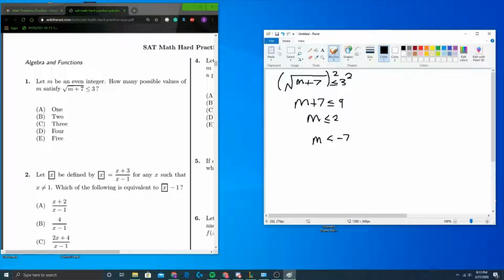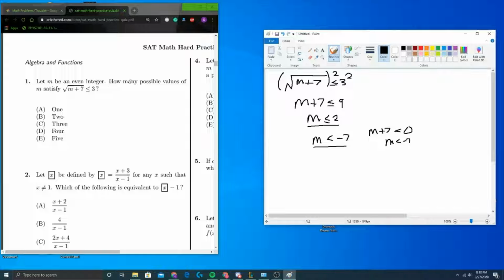Because if m is less than negative 7, m plus 7 is going to become a negative number, and you cannot square root a negative number. You could solve this out quantitatively: we want m plus 7, and we don't want it to be less than 0. So m is not less than negative 7. So we get these two ranges: m is less than or equal to 2, and m is greater than or equal to negative 7.